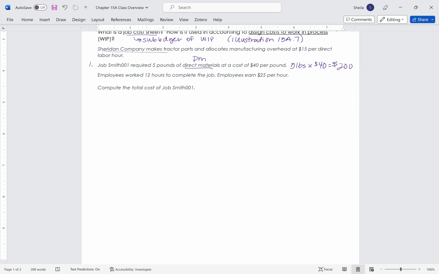Really what we're doing is computing the total cost of this particular job. Direct materials are going to come from the raw materials account and move into work in process.